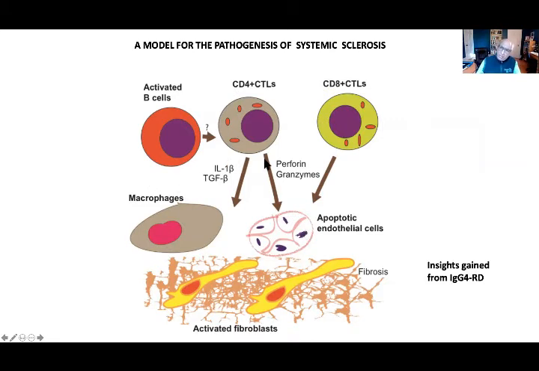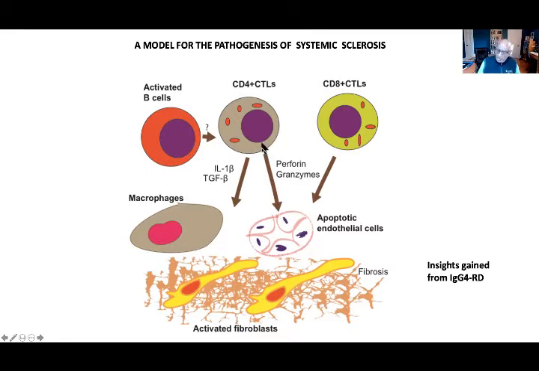And there are now some papers, even one from India, showing that rituximab is improving the outcome a little bit in systemic sclerosis, not a huge difference, not like IgG4-related disease. So there may be a role for B cells in the process. And at the end of the day, you will now get fibrosis. Fibroblasts and macrophages play a role at the end stages. But I think the key event now is immune recognition of an endothelial cell by a CD4-CTL.